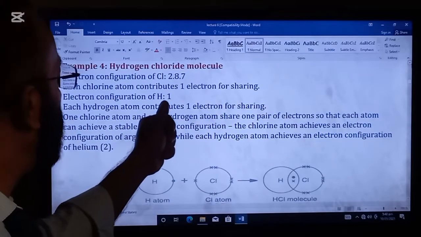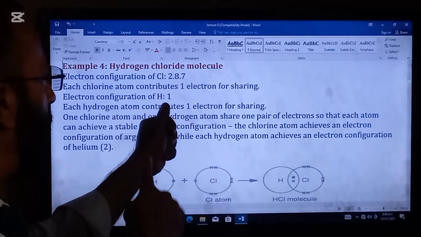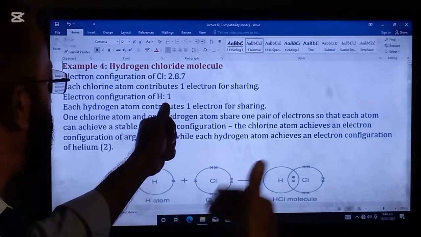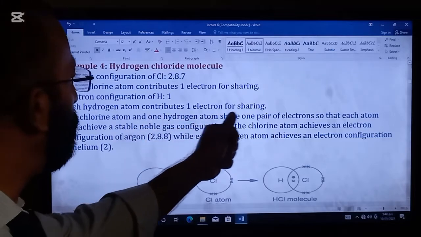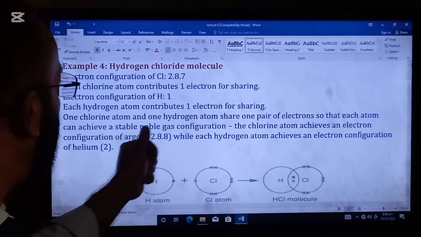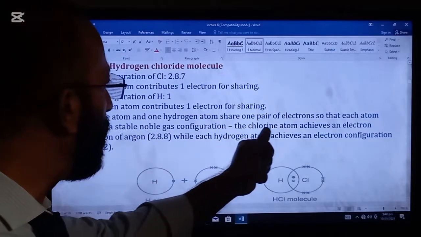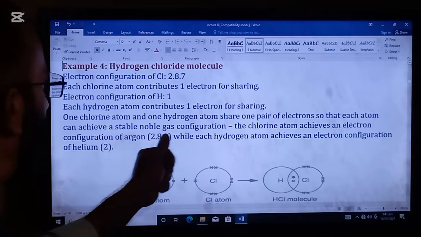Electron configuration of hydrogen is 1. From here we can see also hydrogen requires 1 electron to achieve noble gas configuration. So each hydrogen atom contributes 1 electron for sharing. 1 chlorine atom and 1 hydrogen atom share 1 pair of electrons so that each atom can achieve a stable noble gas configuration.